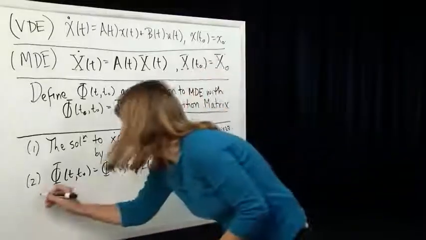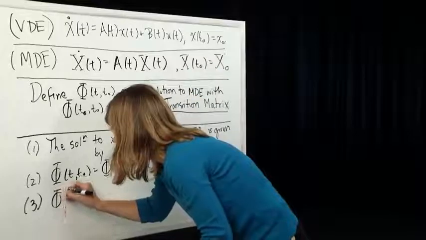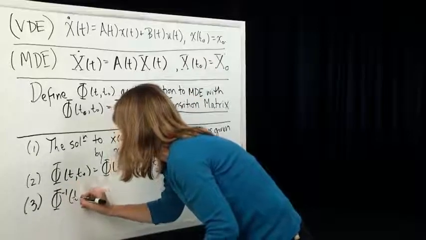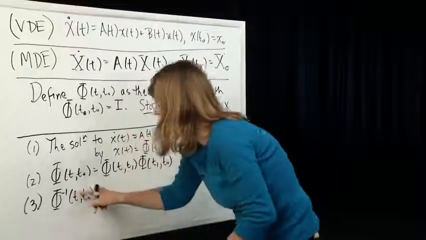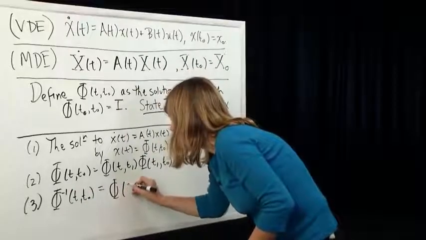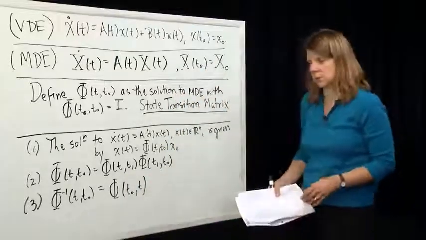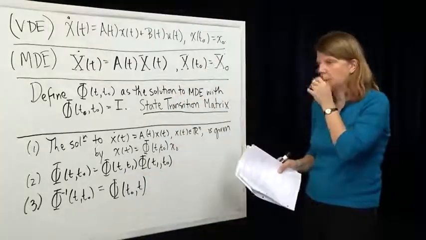We have to show that this matrix product is equal to the corresponding state transition matrix on the left-hand side. The third property is that the inverse of the state transition matrix, phi inverse of t, t0, exists, and it's given by phi of t0 comma t, which is somewhat surprising. So all three of these require proof.